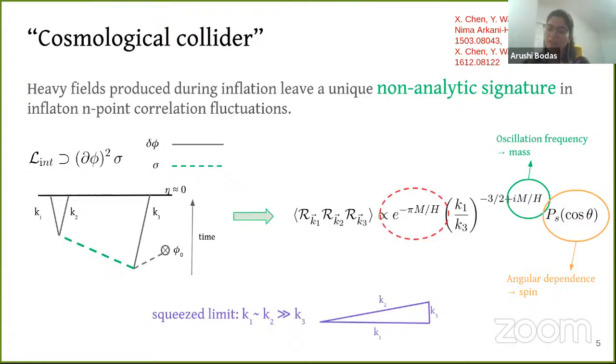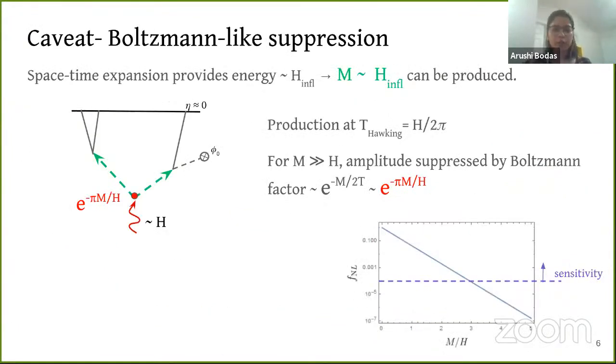But there's a huge caveat: for fields which are heavier than the inflationary Hubble scale, there is an exponential suppression which accompanies the signal. So the signal becomes really, really small very quickly. To give an intuition of why this happens, we are producing these heavy fields out of vacuum.